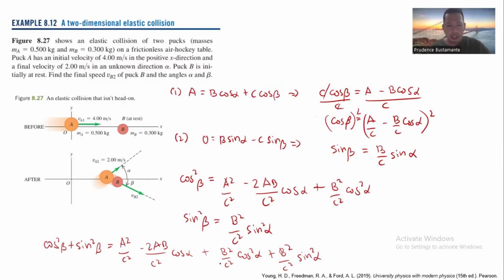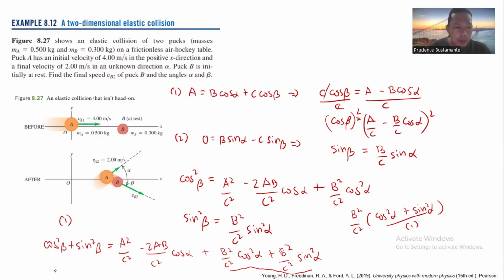Since cosine squared alpha plus sine squared alpha is just equal to 1, this term is B squared over C squared, and the left side is also equal to 1.